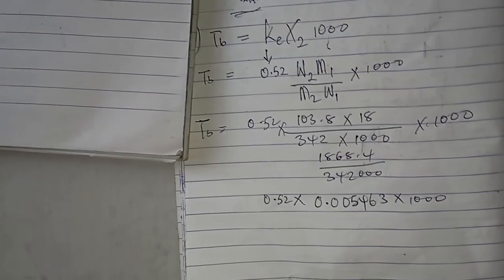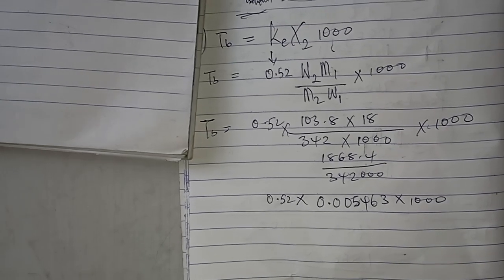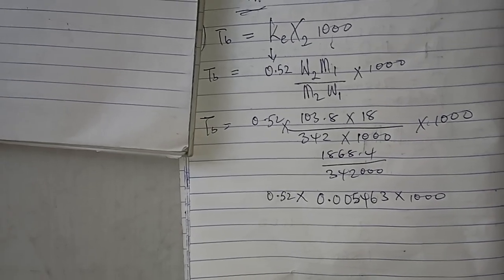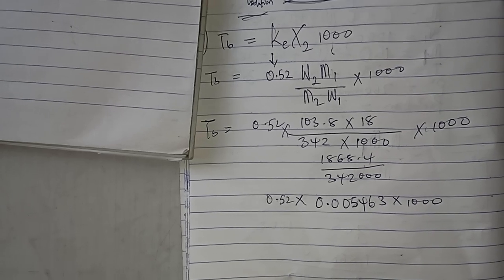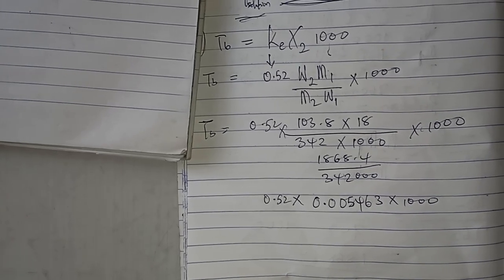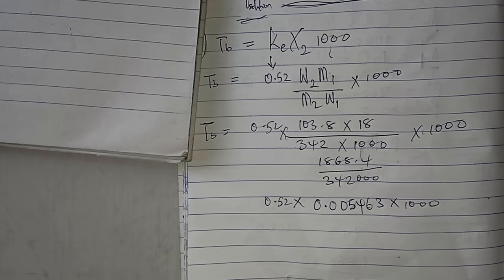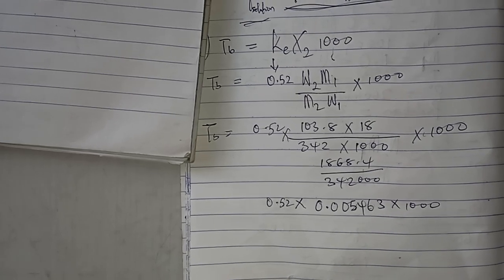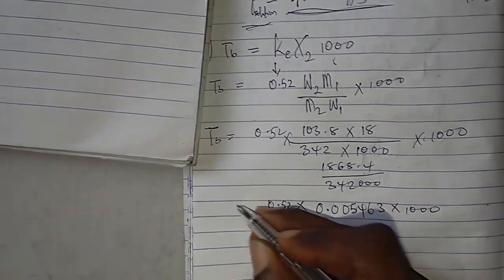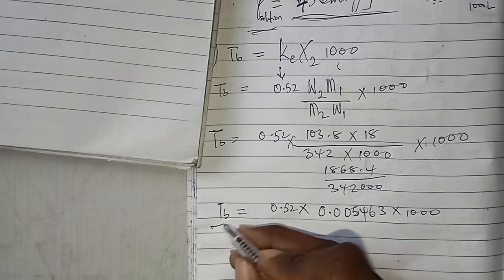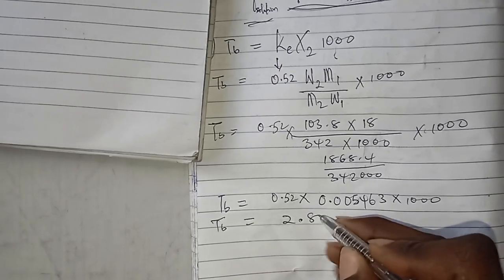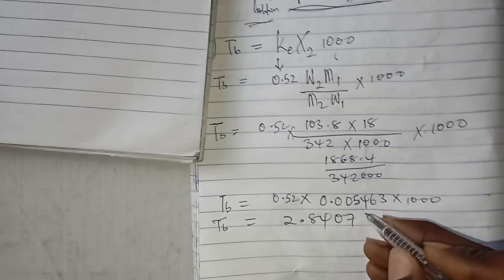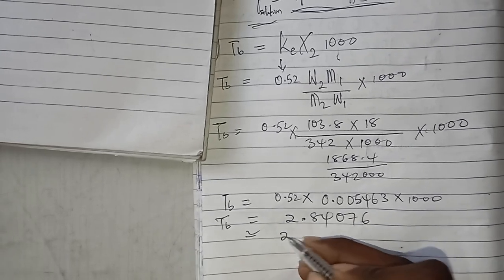So we have 0.52 times 0.005463 times 1000. We get the elevation of boiling point to be 2.84076, which is approximately 2.8.